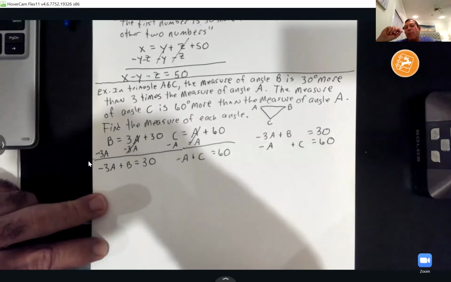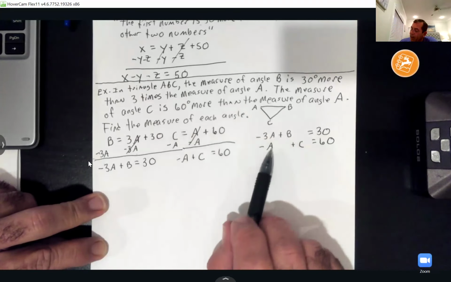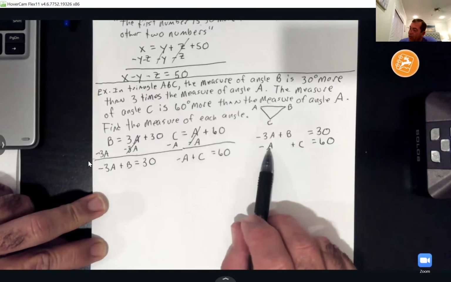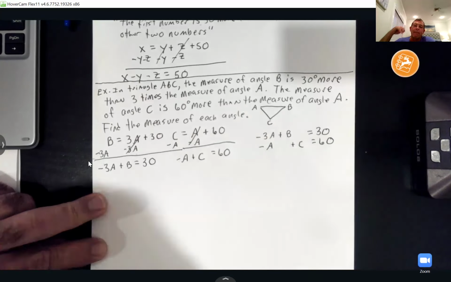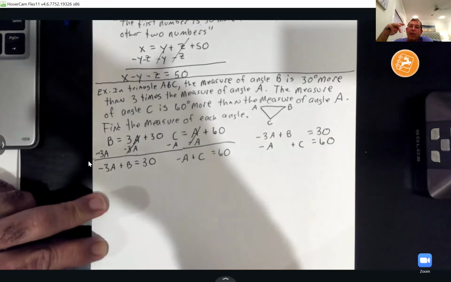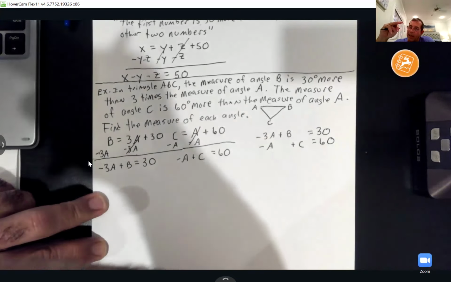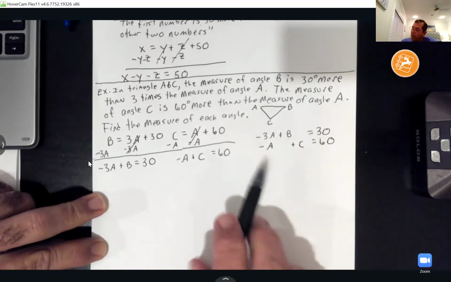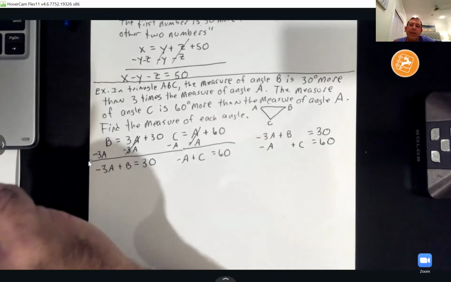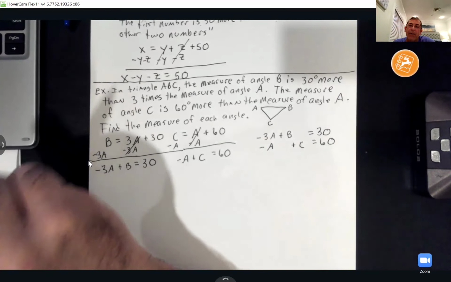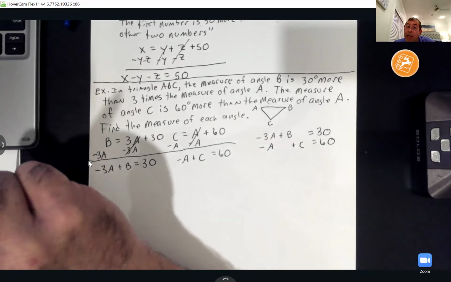But y'all, if y'all remember the other day, I told y'all, we've got 3 variables. We got an A, B, and a C. Anytime you got 3 variables, you need 3 equations. Well, y'all, I got only 2 equations. But there's another equation out there that they think we should know about the angles of a triangle.